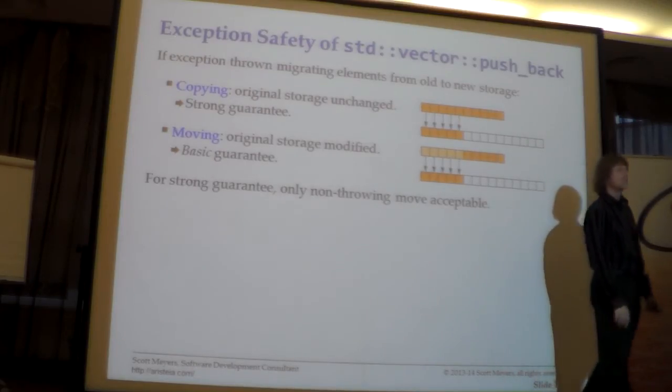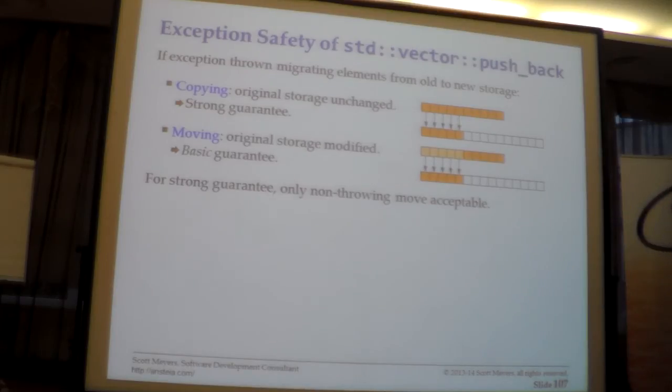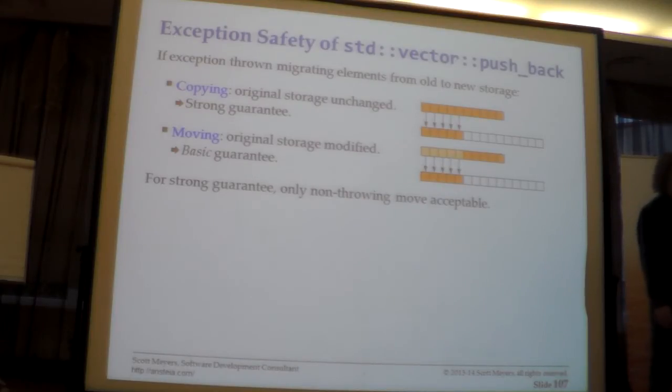As a result, pushback on vector and several other functions can only perform a move if they know that the move operations are guaranteed to not throw exceptions. So for those classes, it's not enough to have move operations. You have to have move operations which guarantee they won't throw exceptions.